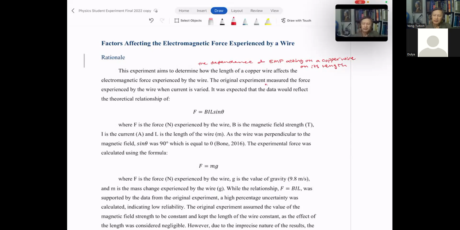Can you see? It expects the experiment would be consistent with the theoretical relationship, where F is the force.